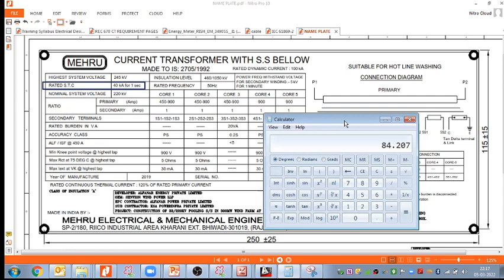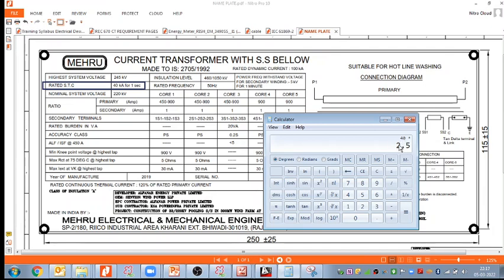That is the thumb rule: 40 multiplied by 2.5. Why we take 2.5, I will explain next weekend in my circuit breaker class, where I will calculate the making capacity of the circuit breaker. Then I will explain the 2.5 factor.